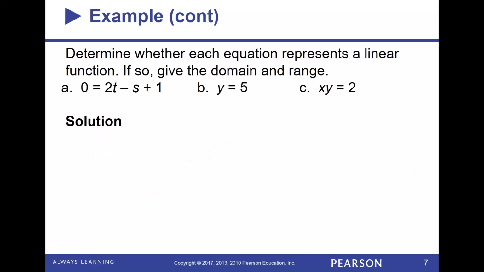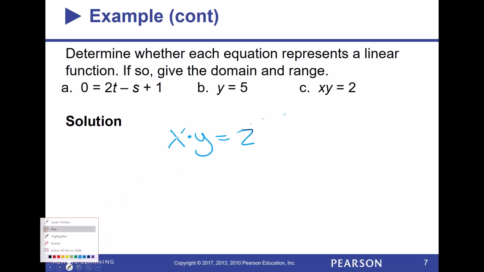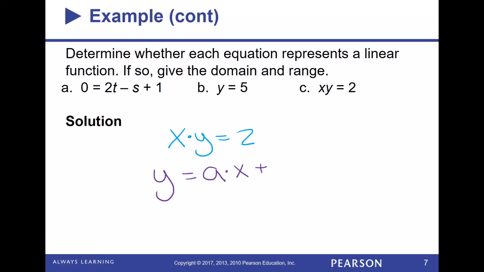Okay, let's look at that last one there, x times y equals 2. We have a little bit harder time on this one because remember, when I go back and look at the formula from earlier, y equals a times x plus b.